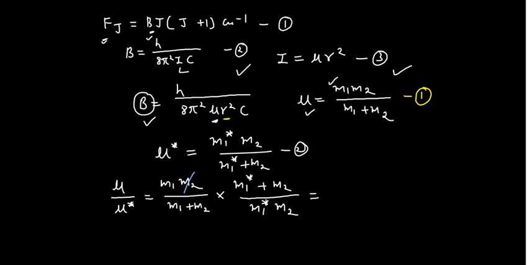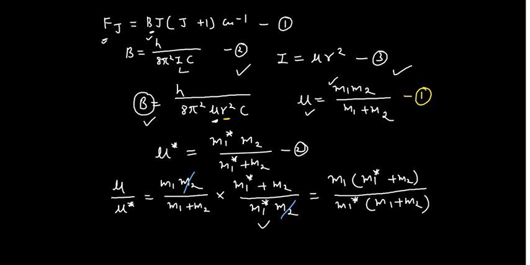This M2 and this M2 get cancelled, and then you will have M1 times M1 star plus M2, divided by M1 star times M1 plus M2. This is how we can do that. Now we can rearrange this particular expression. Say this is your equation number 3.